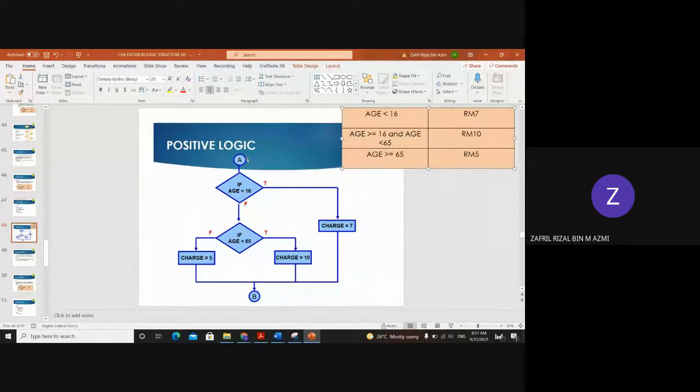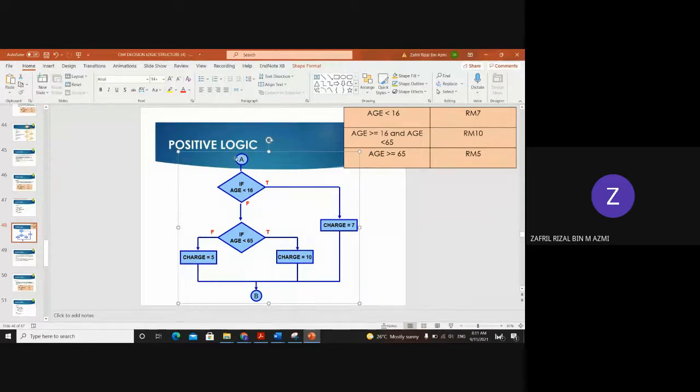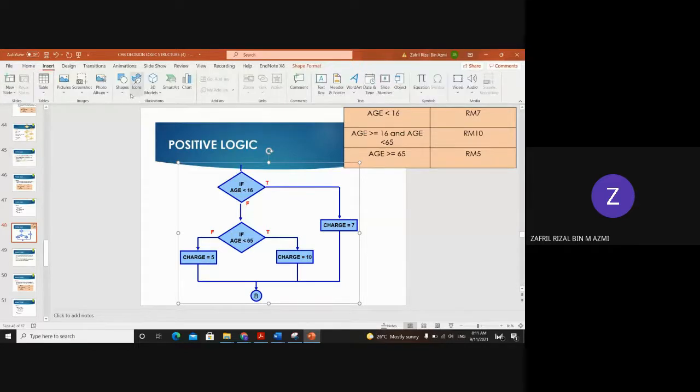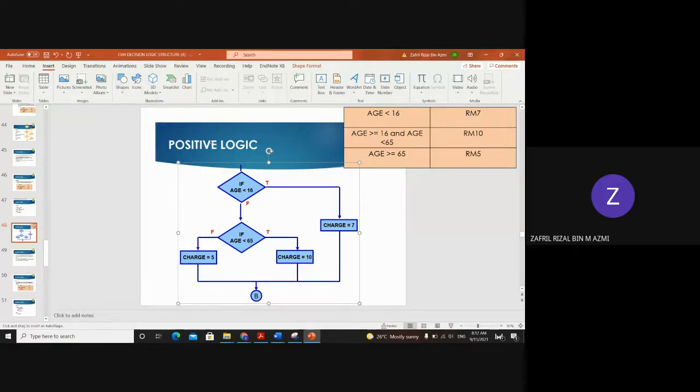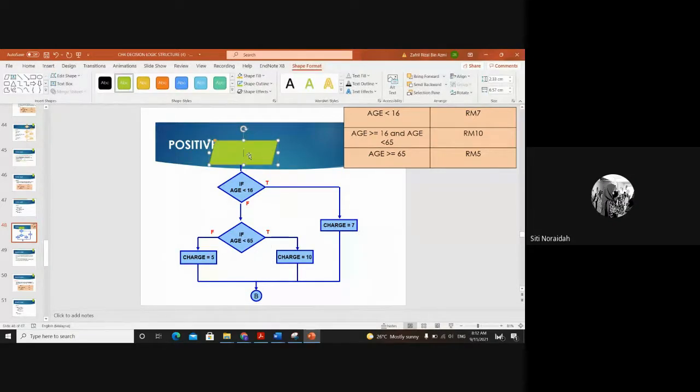Of course, if you want to complete the design, we need to have input and output. What is the input, class? Anybody? H. Yeah, correct. H. And what is probably the output?